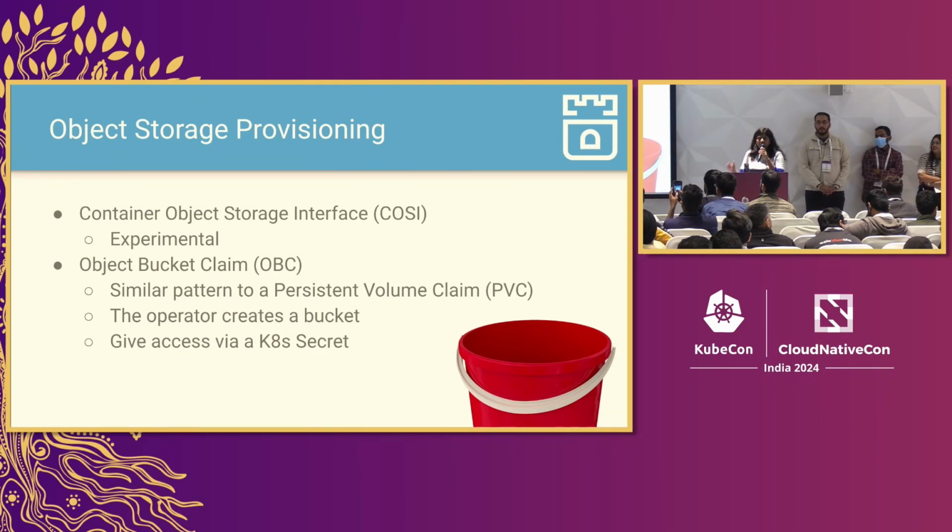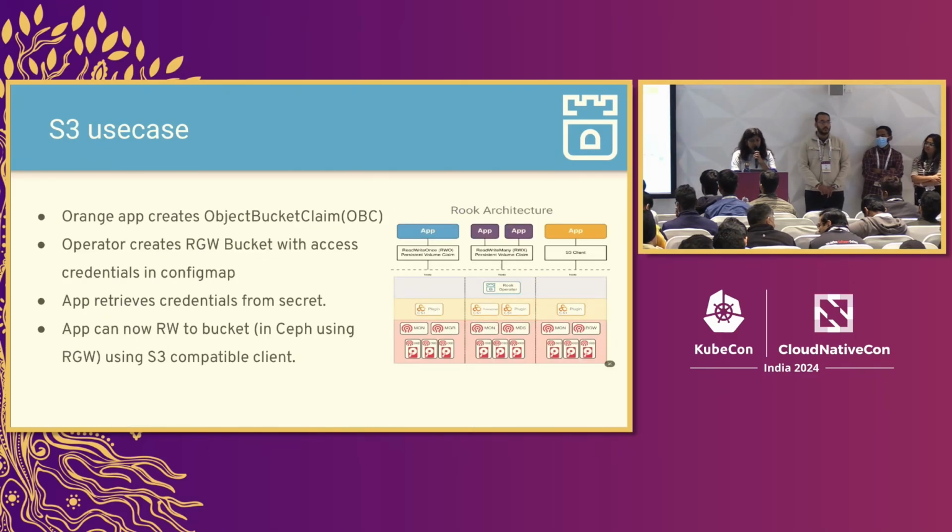How it works is similar to how block storage and file storage work for Rook. It creates an S3 bucket, and then gives you access to that bucket using Kubernetes secrets. A bit more on that. As you see in the Rook architecture, maybe we focus on the orange side of the diagram.